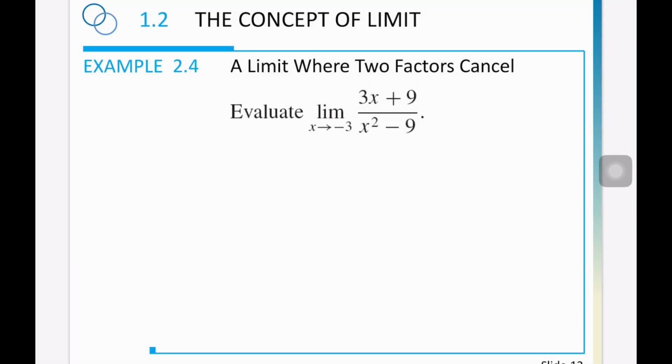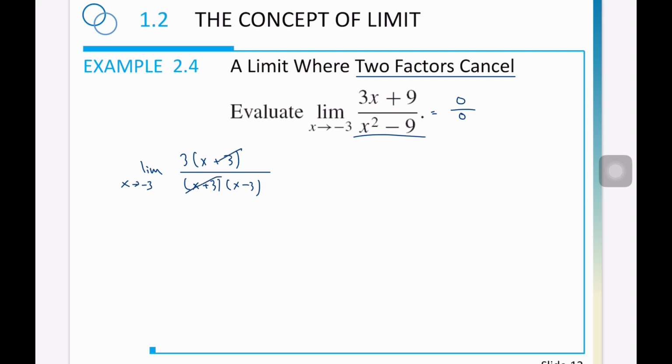Now we're going to evaluate this limit, and in this case we've got two factors to cancel. If we substitute negative 3 in the limit, we're going to have 0 over 0. So we factorize: we take 3 as a common factor, which gives us 3 times (x plus 3), and if we factorize the denominator, we have (x plus 3) times (x minus 3), as x is approaching negative 3.